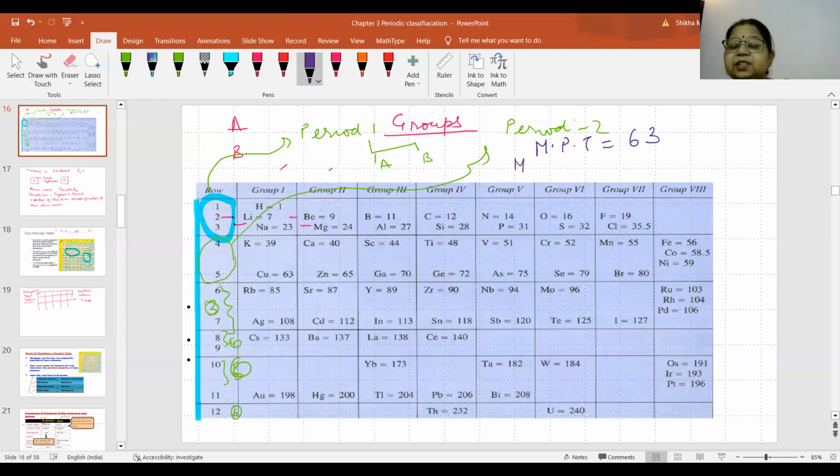But if somebody says modern Mendeleev periodic table, it can be up to 87, any number. You can imagine that his followers, his students, his disciples were working on it. As and when a new element was discovered by other scientists, they gave a respective position in their periodic table.